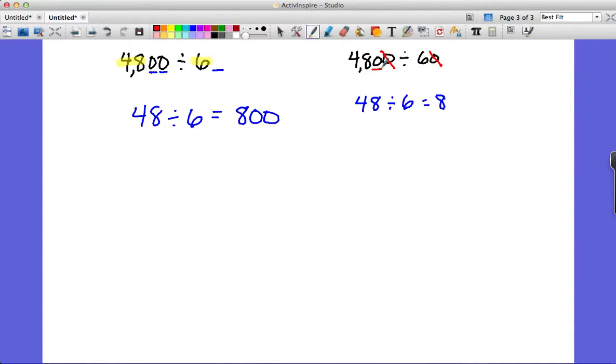I still have 1 0 left though, which means I have to add that to the end of my answer. So 4,800 divided by 60 is actually going to give you 80. And I'll take this away here and just show you that that 0 that was left over gets added to the end of this answer.